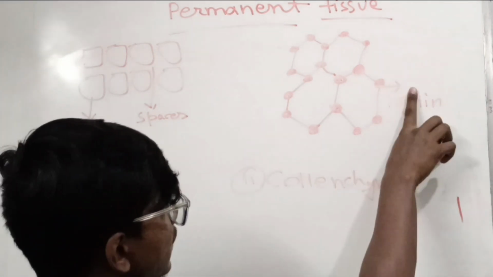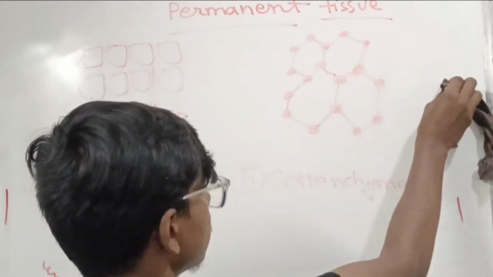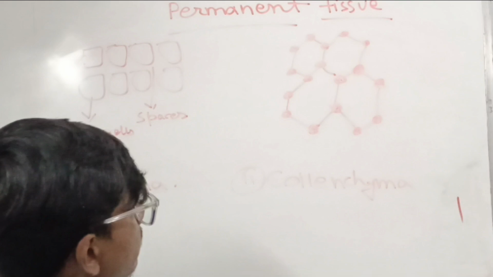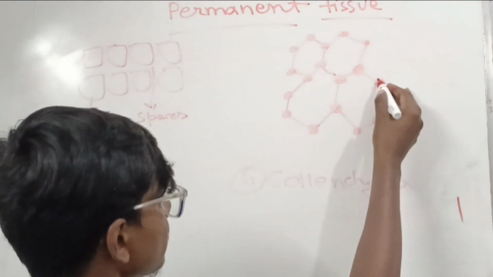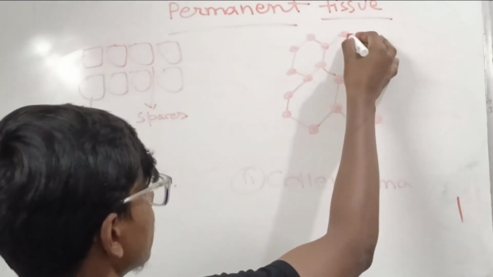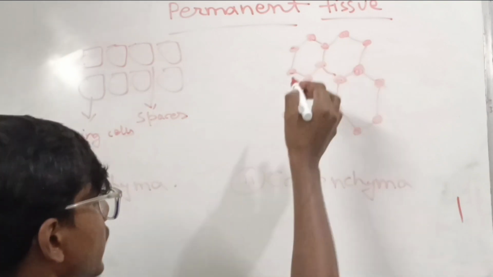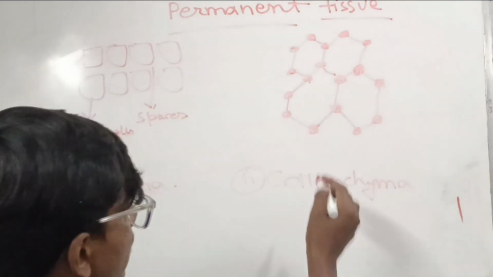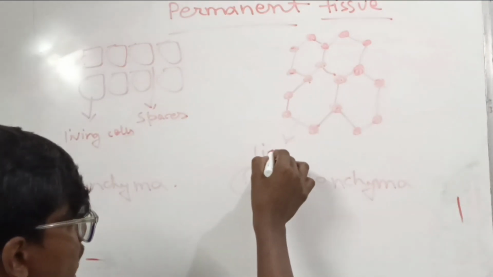Sorry, this lignin is not present in the collenchyma. Just remember this: for collenchyma the corners of the cells are thick. Okay, then next, this will have living cells.